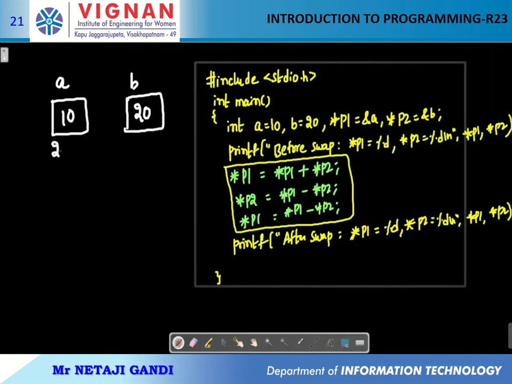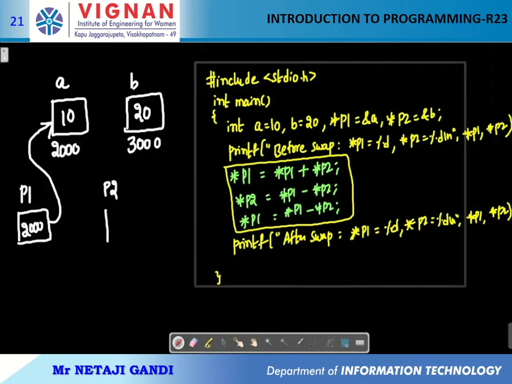So let us suppose the address of a is 2000 and the address of b is 3000. Okay. So if this is the case, then p1 will be a pointer holding the address of a, which means 2000 memory location. So p1 will be pointing to this memory location. Now p2 is another pointer holding the address of b, which is 3000 memory location, and p2 is pointing to this one.